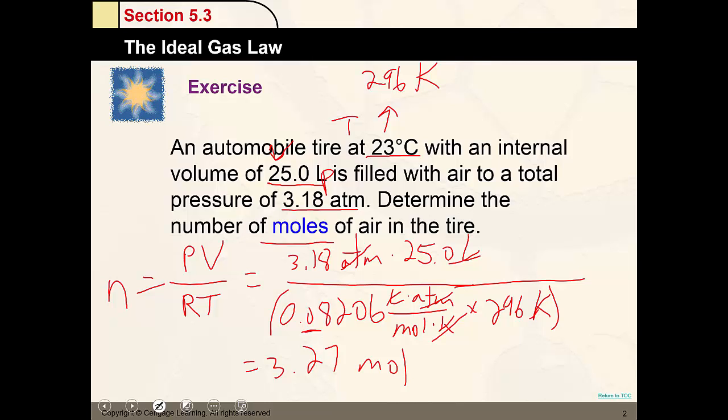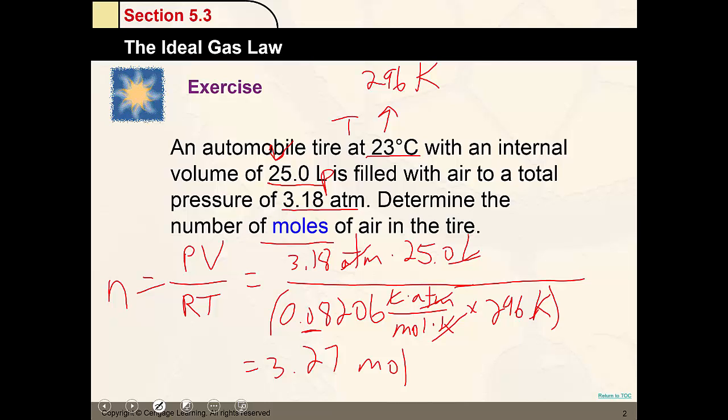Also, if it had instead asked you what is the number of grams of air in the tire, if you were given an actual element or compound, you should easily be able to convert from moles to grams, since you would know the molar mass of the compound. The only tricky thing there is, let's say it asks you how many grams of oxygen would fill this automobile tire.